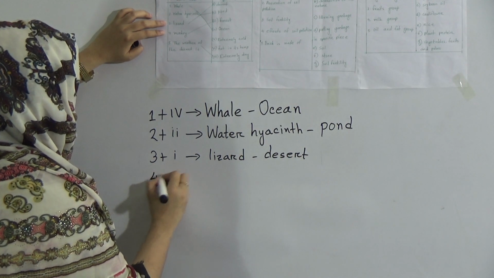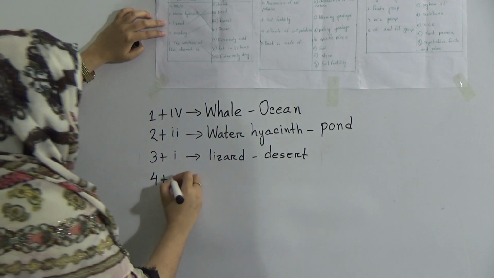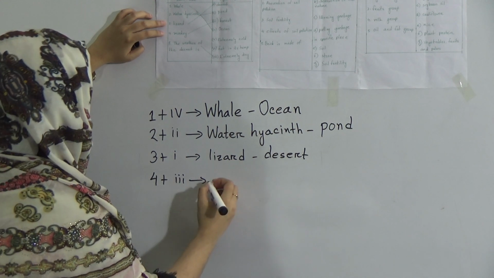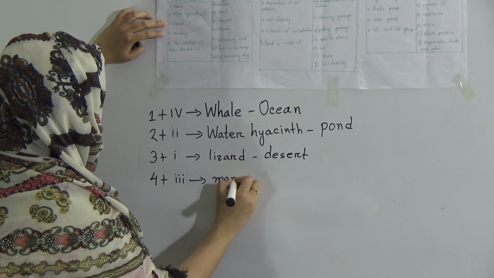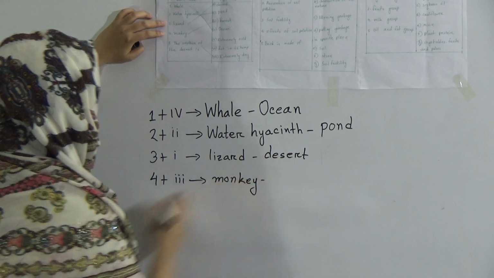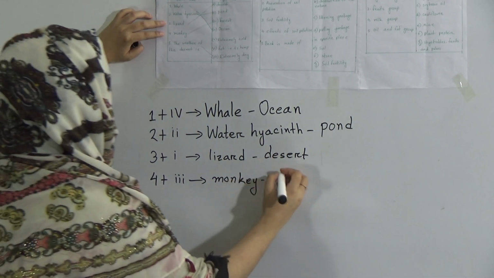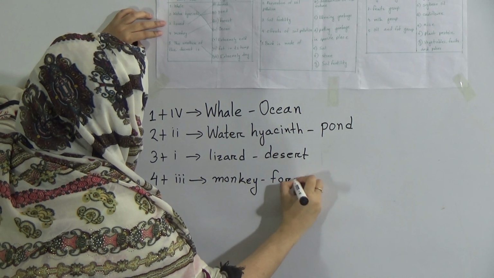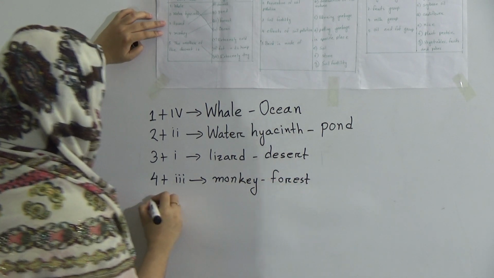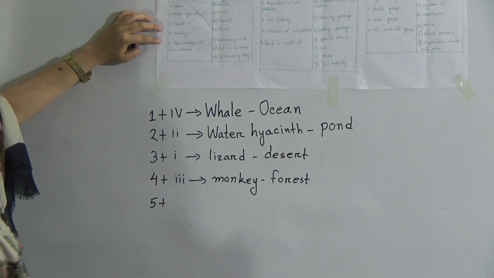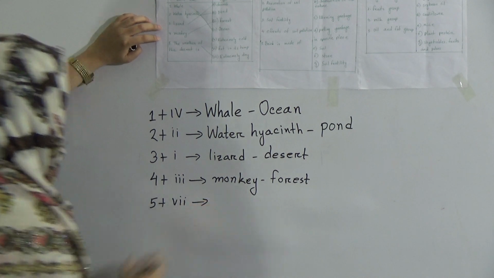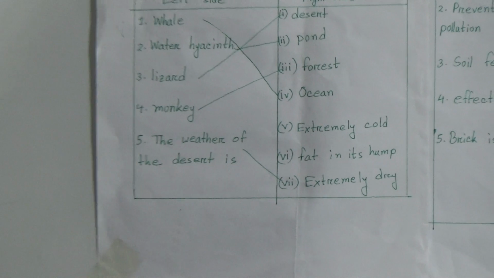And the 4 number match with 3 number, and then the word here is monkey, and put a hyphen, and write down the right side word, forest. And the 5 number, last one, it was matched with 7 number. Then just write down the left side sentence.